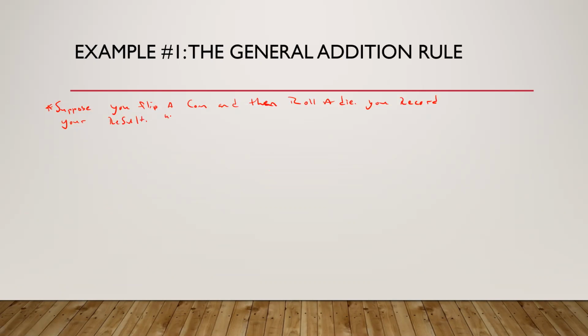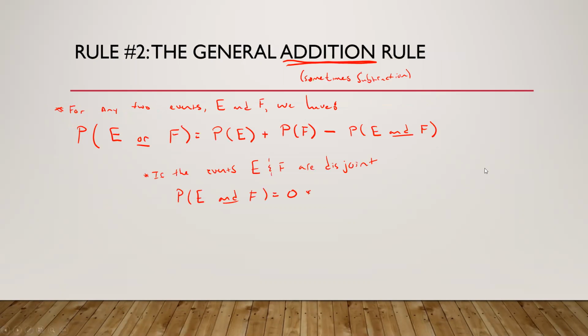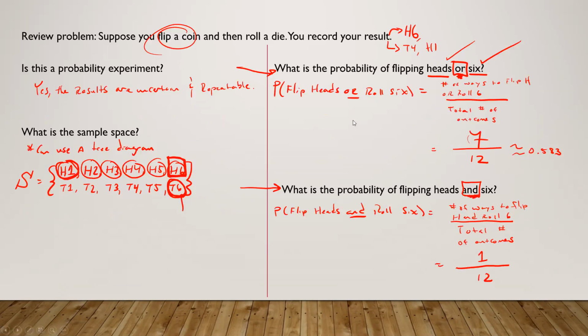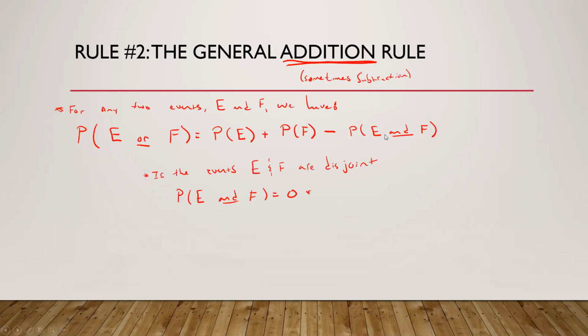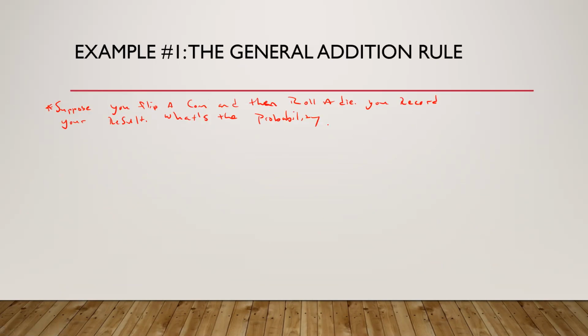So the first question is, what's the probability, and the question was, going back, look, you flip heads or roll a 6. Okay.